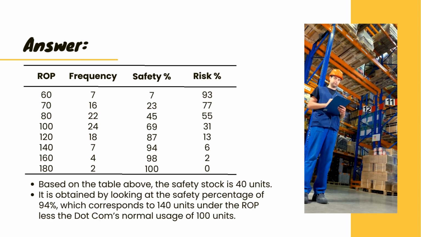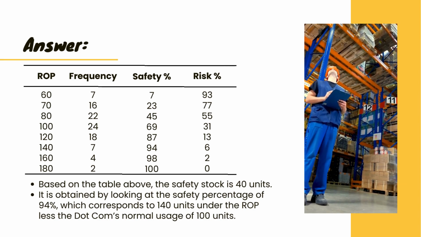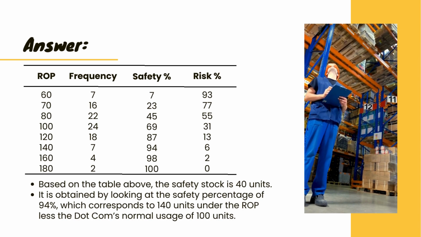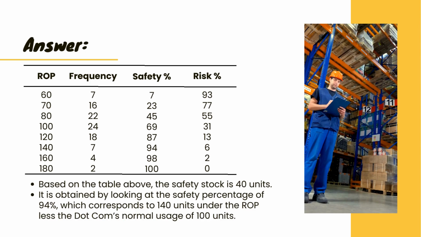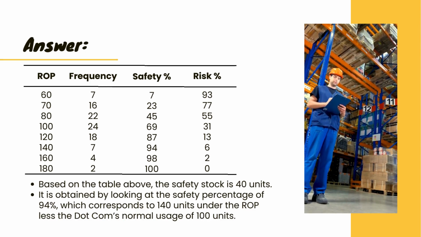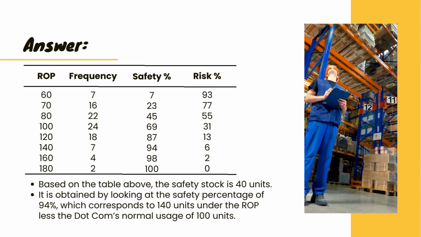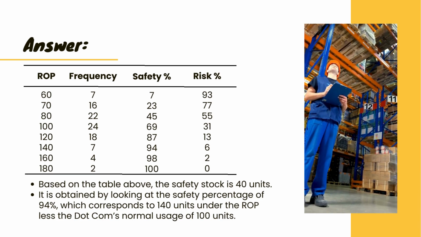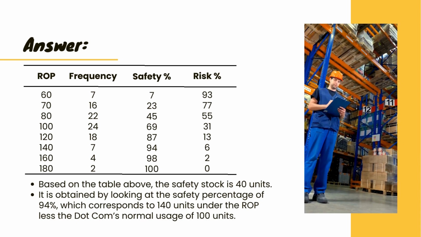Paano nakuha yung 23 na yon? So, from previous na 7, inadd lang natin yung frequency na next na 16. So, 7 plus 16 equals 23. Ibig sabihin nito, there is a 23% chance that it will be safe from stockouts and 77% chance that it will not be safe from stockouts.